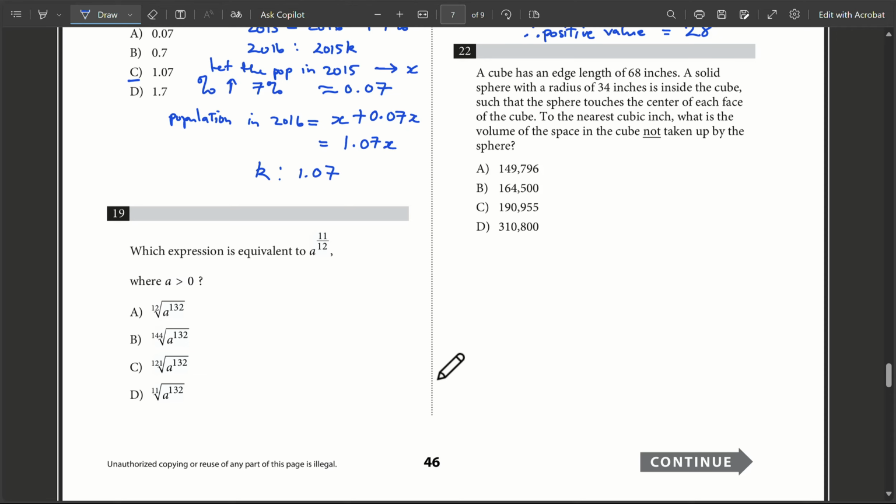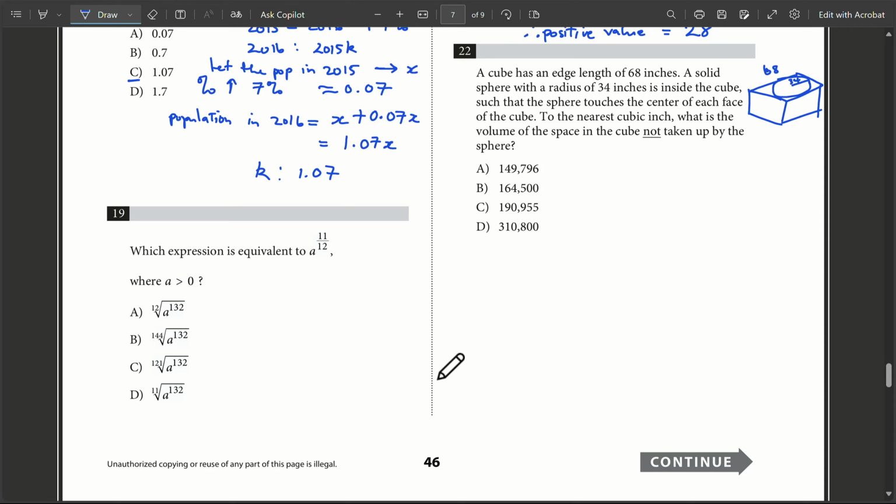Okay, so we can just do a quick sketch of what they are trying to communicate. Let's say this is the cube and we have a sphere inside, something like this. We're told that each side is 68, and then the radius that we get is 34.